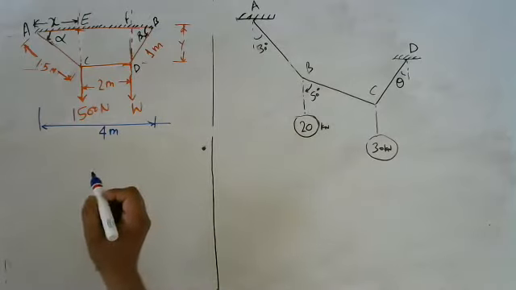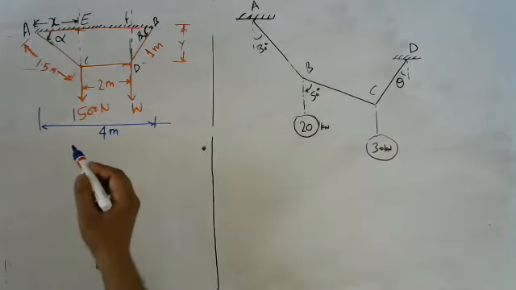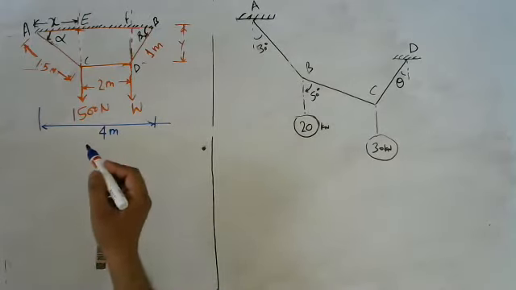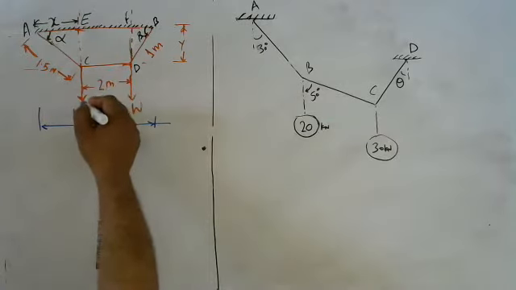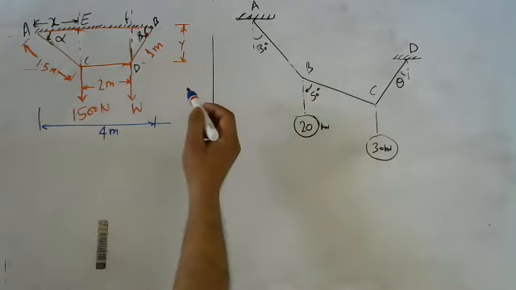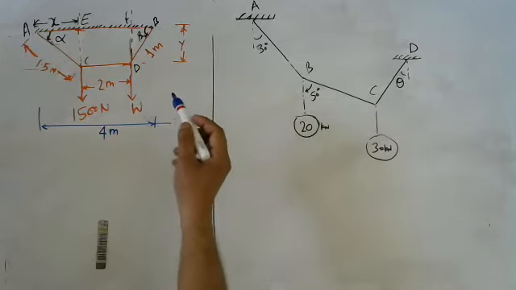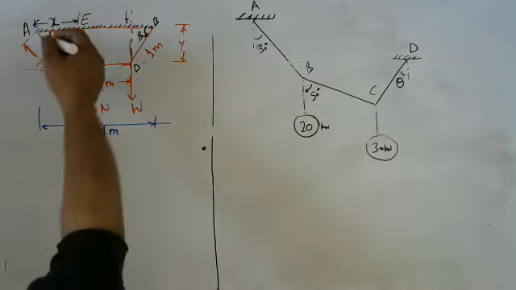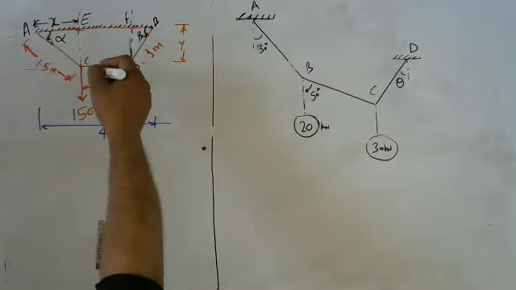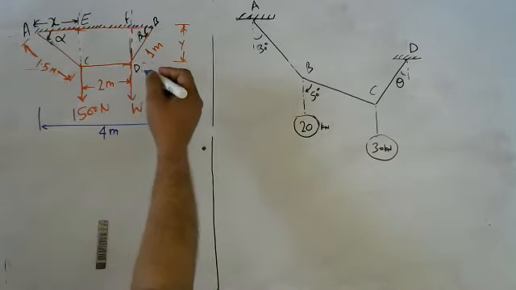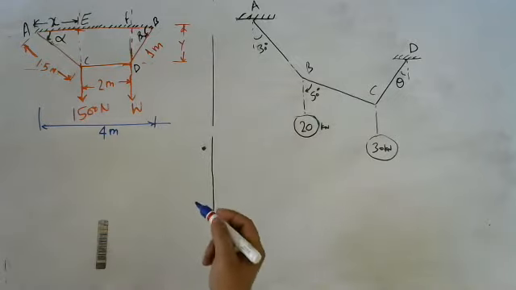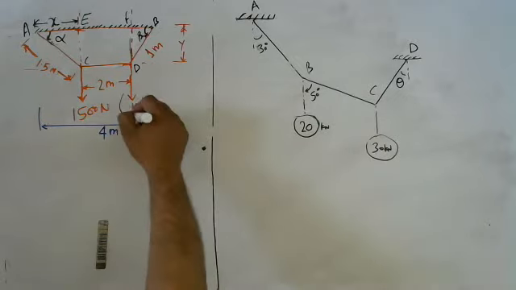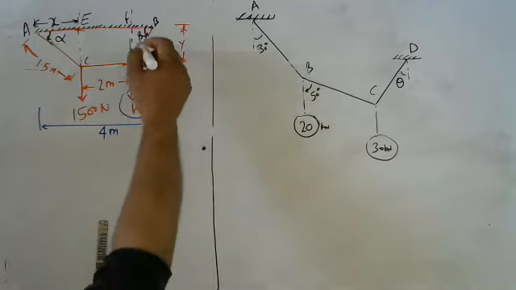A load of 1500 Newton is suspended from a point C on the rope at 1.5 meter from A. What load is connected at point D on the rope, 1 meter from B? This is the unknown.